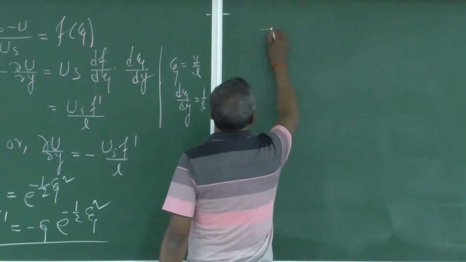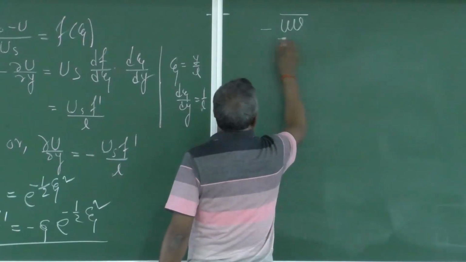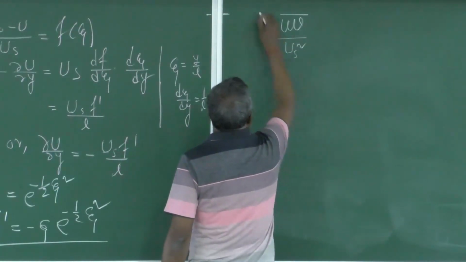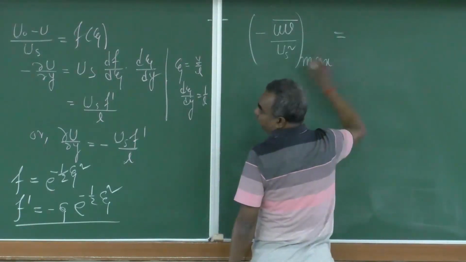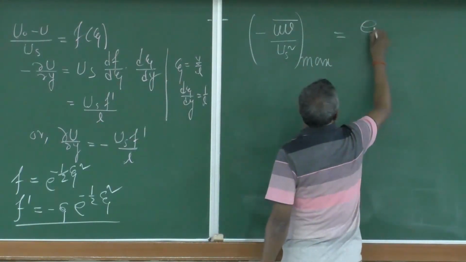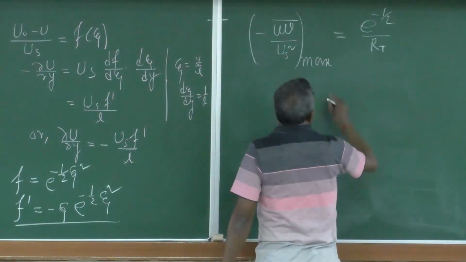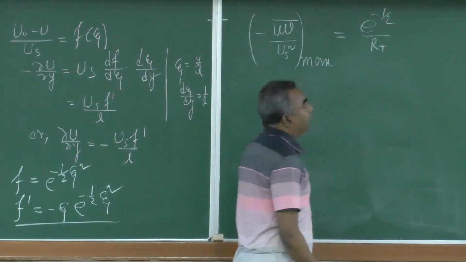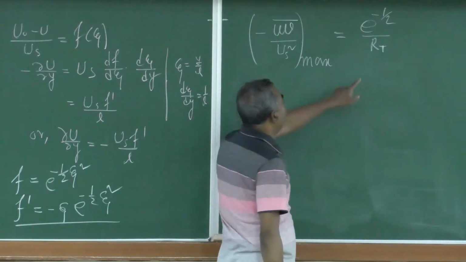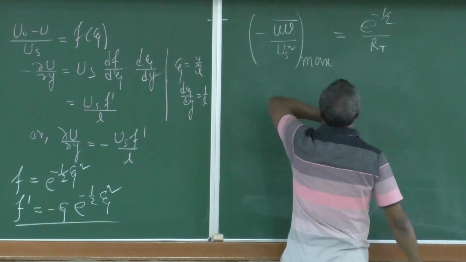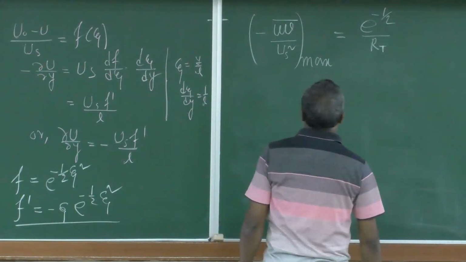So minus u v bar over u s square, at the maximum, equals half over R t, and our experimental observation shows that R t is essentially 12.5. With this condition we can find the value.